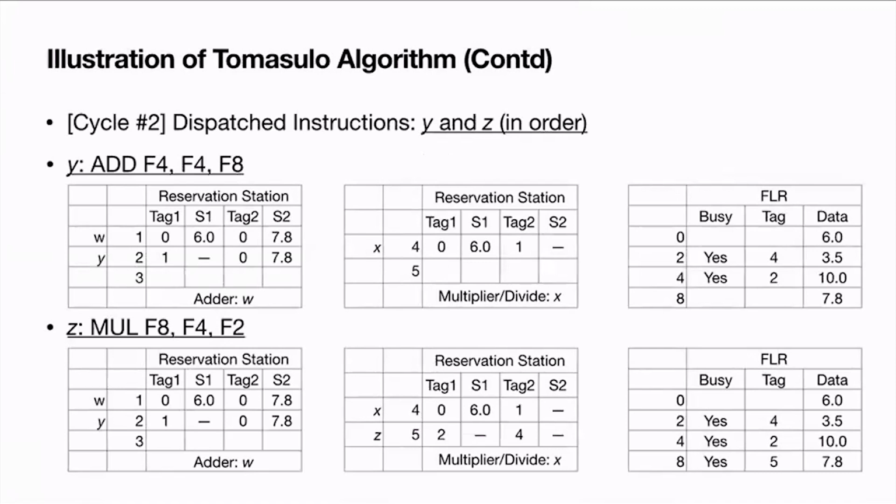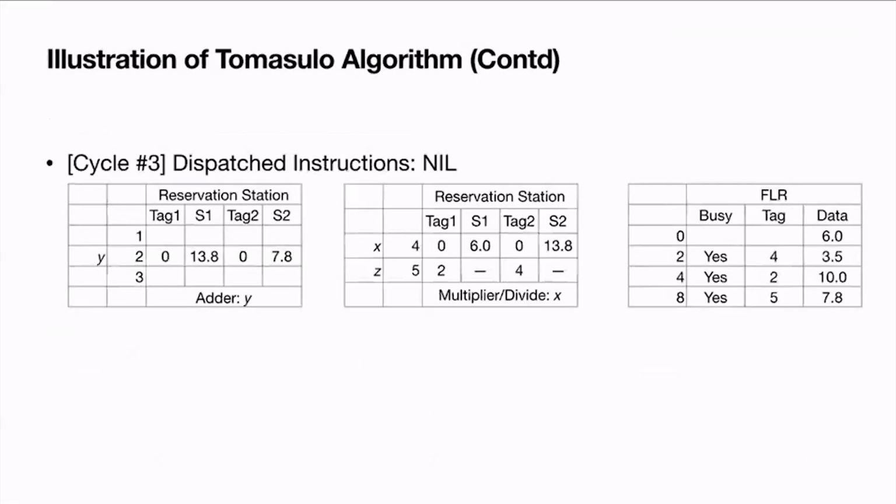And previously there used to be 1 in the tag field of FLR, but now that is updated with F2. So as a result, we don't have to write anything in the FLR, but we have to forward the data to 2 entries in the reservation stations. So we'll be updating that, and that is what is seen here.